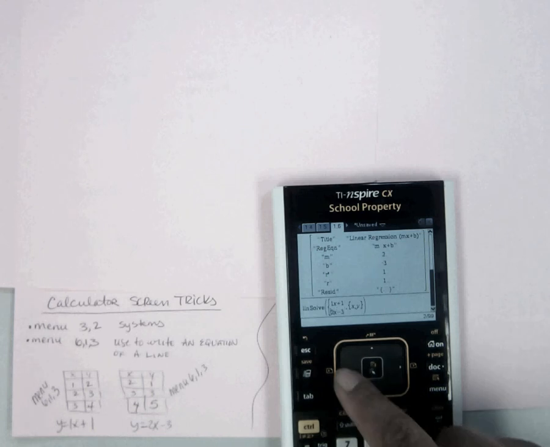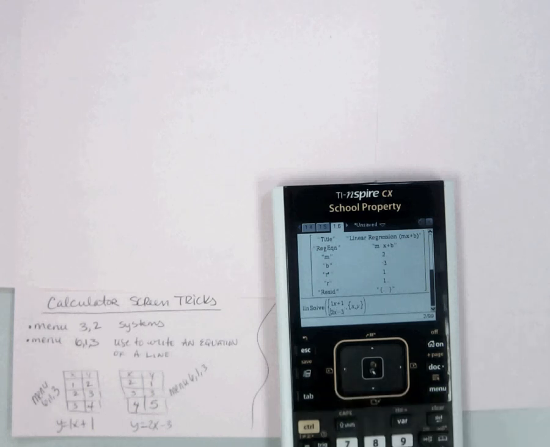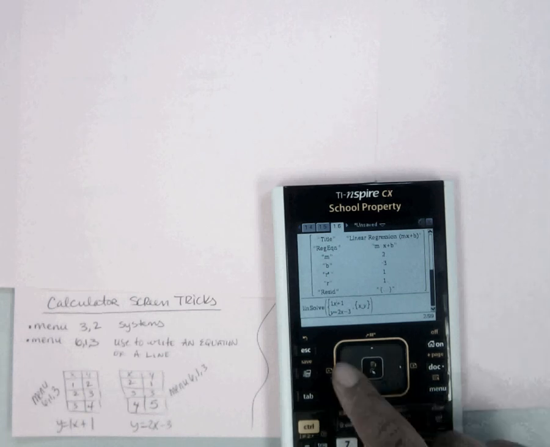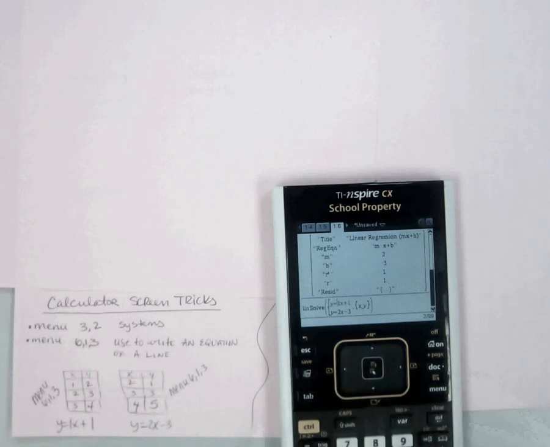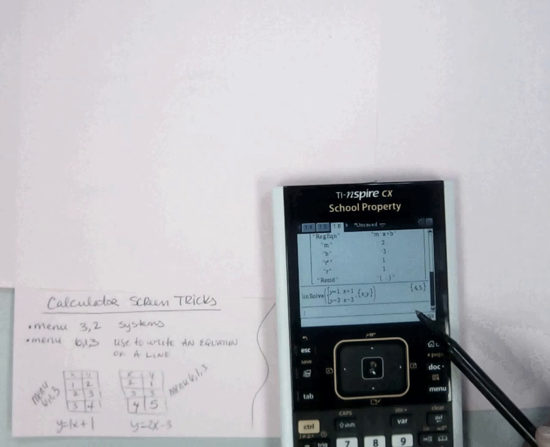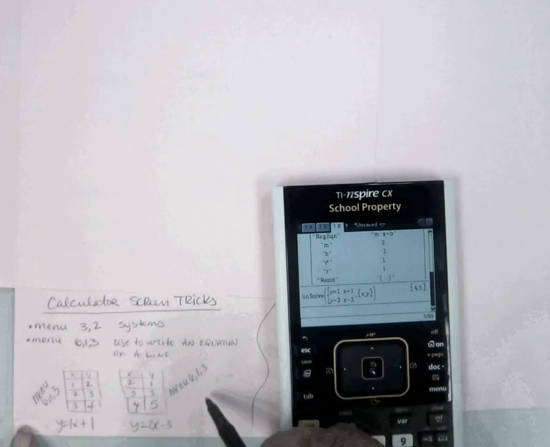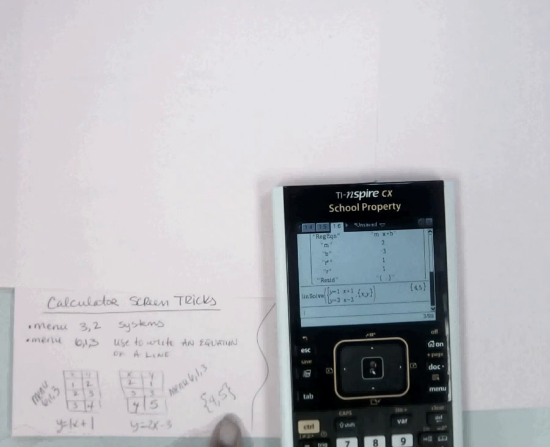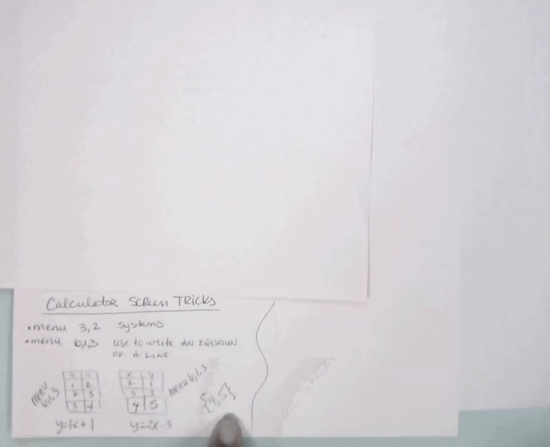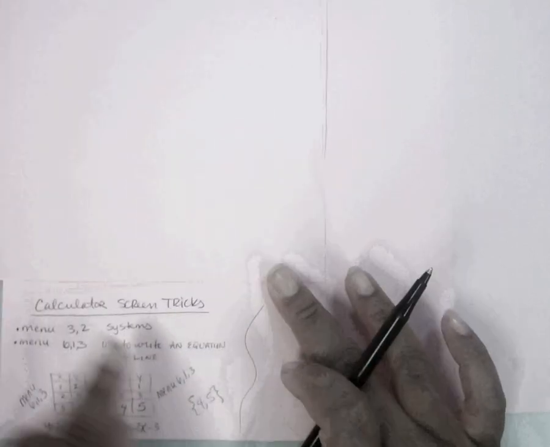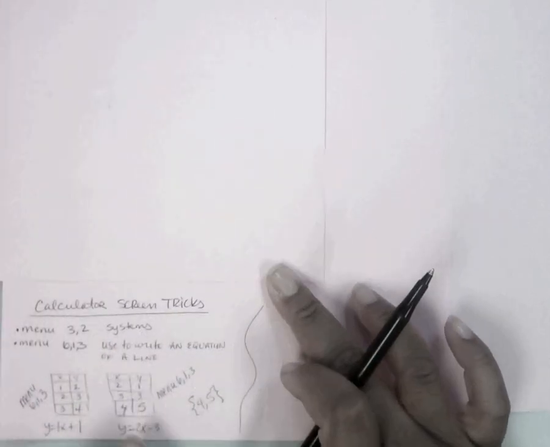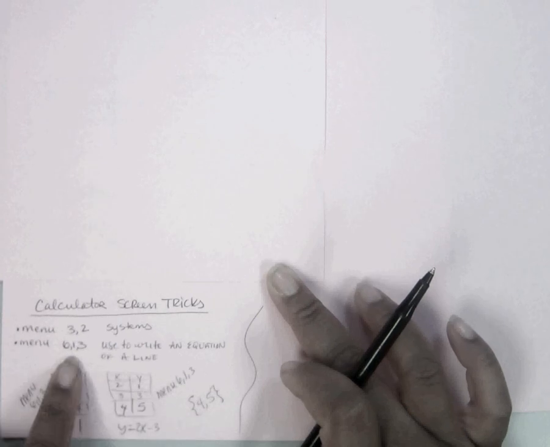And I have to put y equals. So don't mess up and not put y equals. And there it is, 4, 5. Okay? So, if you were given a system by tables, use 6-1-3 and menu 3-2 together.